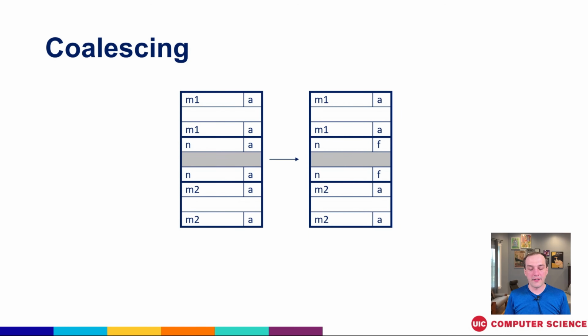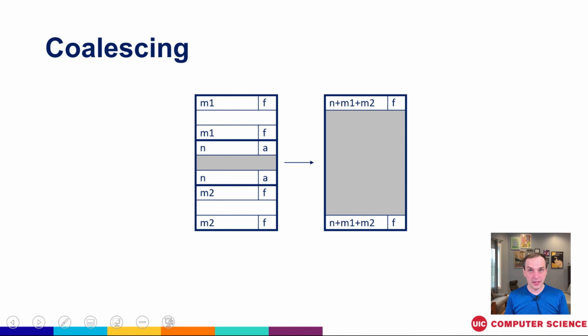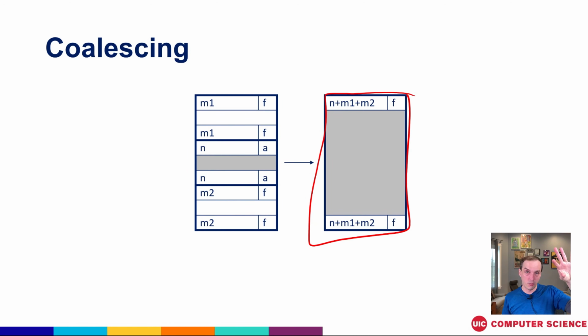Likewise, if I free something and there's nothing free above it and nothing free below it, it just becomes free. And if I free something and there's something free above it and something free below it, then I have the entire chunk all together. I add the one above it, I add the one below it, I'm done.